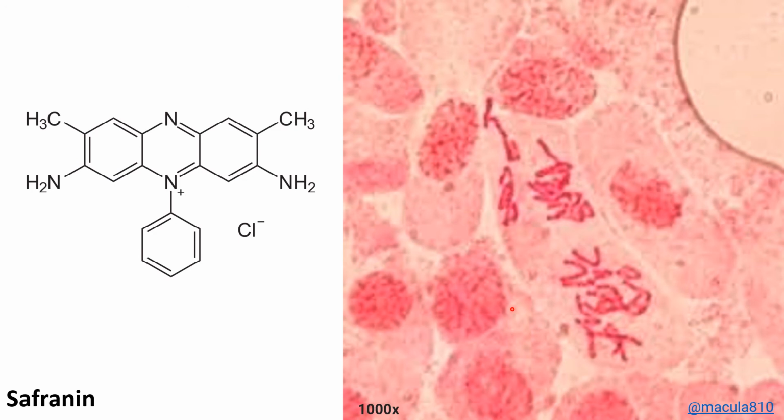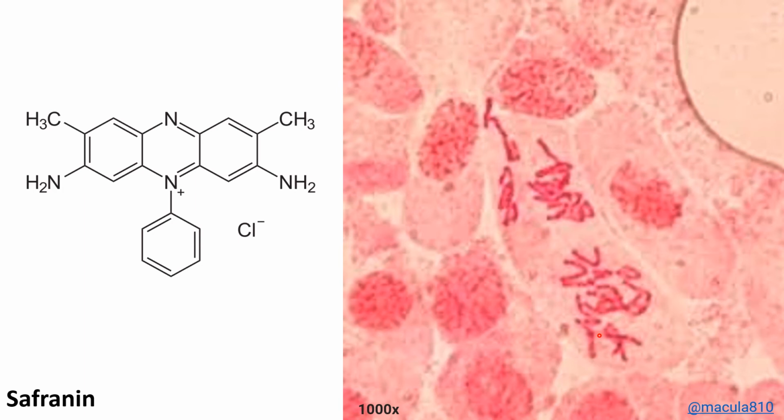Another stain we have here is safranin. As you can see, the charge is positive, so therefore safranin is a basic stain. So it also goes to the nucleus or sticks with the RNA or DNA or any negative components of the cell. And here in this picture, do you think these are bacteria?